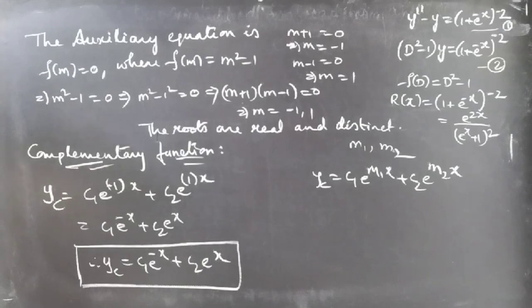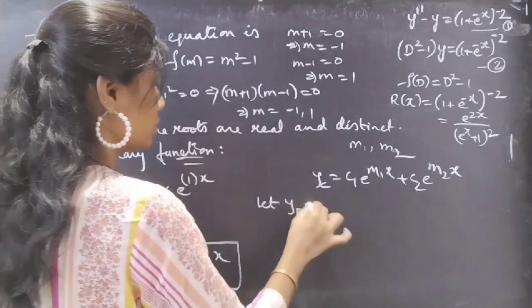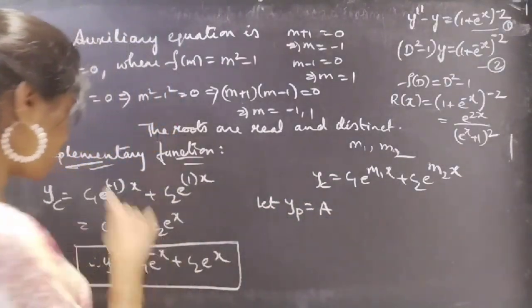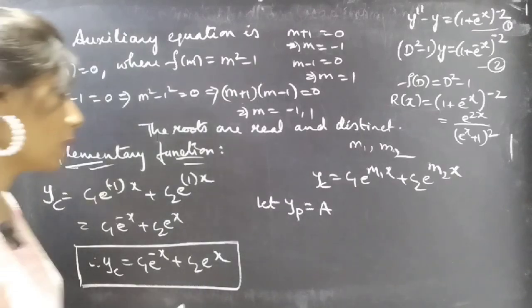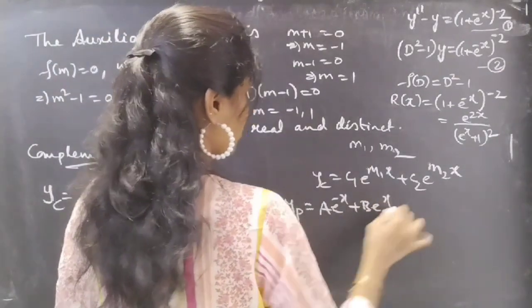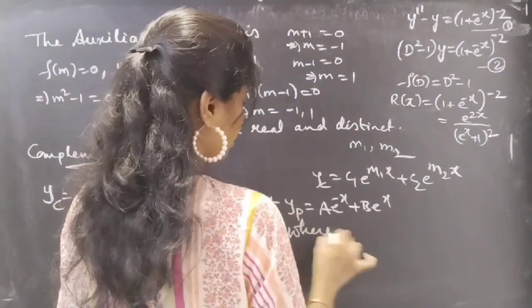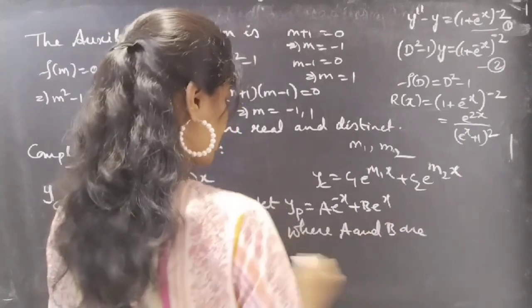Now using this, we'll find yp. Let yp equal to a, just replace the constants or parameters with functions of x, a and b, then we'll get yp equal to a e power minus x plus b e power x, where a and b are functions of x.